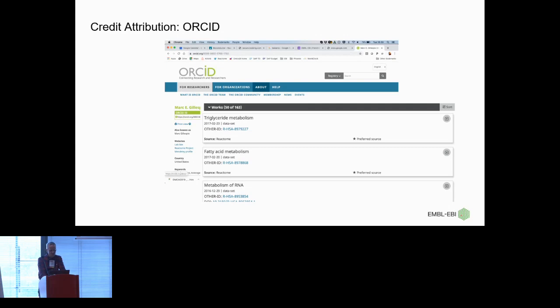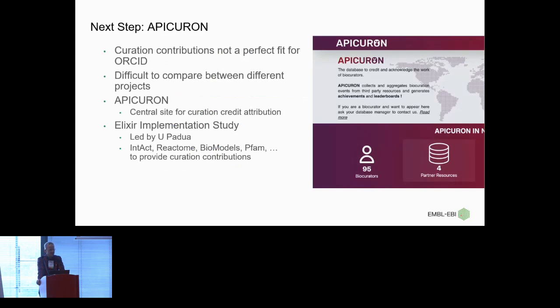And this was already published a couple of years ago. There's now an active ELIXIR implementation study where we are aiming, together with other partners on the study, to extend this approach to data from IntAct, BioModels, Pfam, and the idea is to propagate curation contributions from these resources, both to ORCID profiles, but also to Epicuron, which is a specialized resource which aims to collect and aggregate curation contributions to the community.